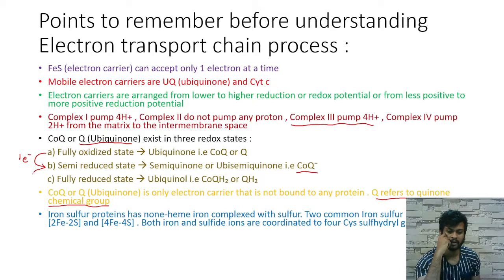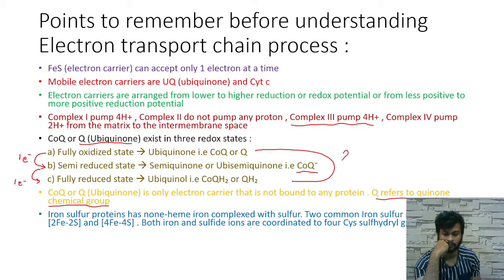When semiquinone accepts one more electron, it gets converted into the fully reduced state, that is ubiquinol or CoQH2 or QH2. Or when the fully oxidized state accepts 2 electrons, it gets converted into the fully reduced state, that is ubiquinol.